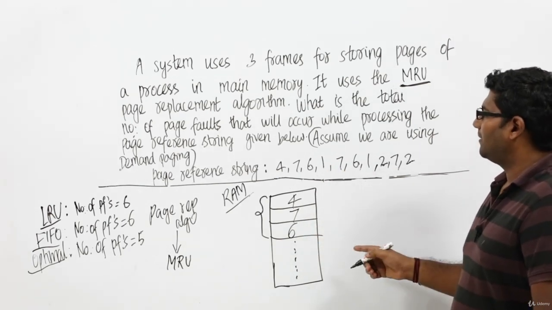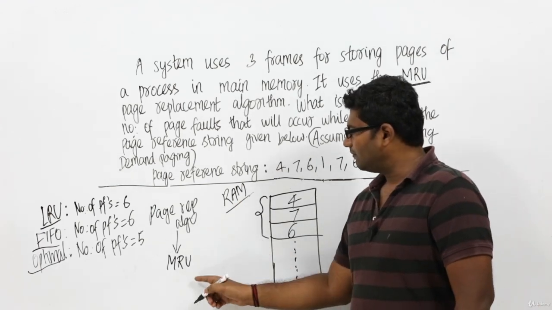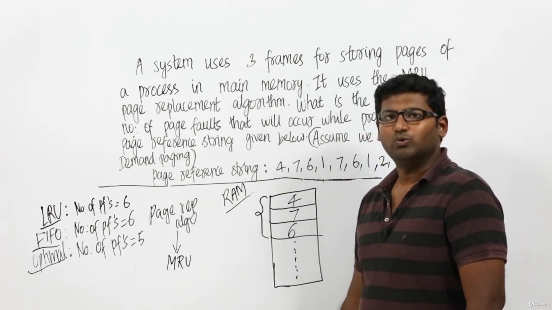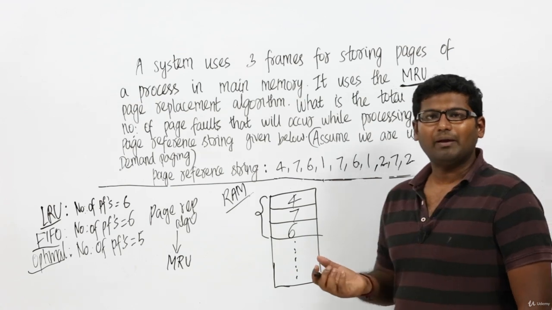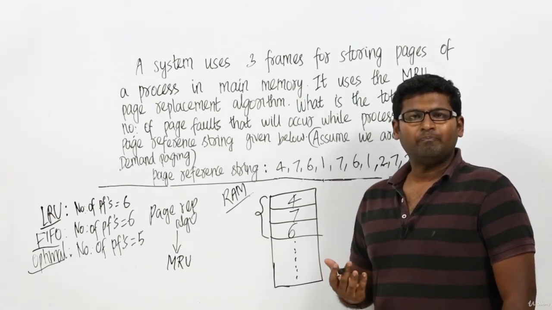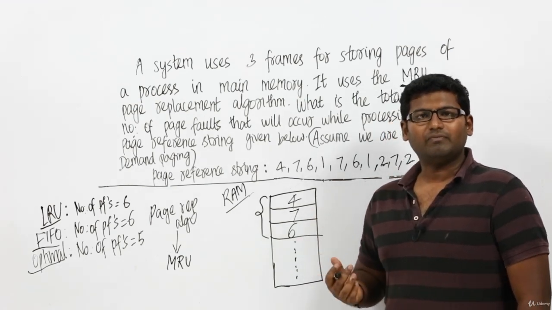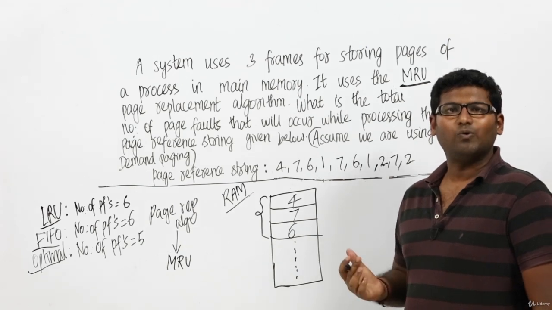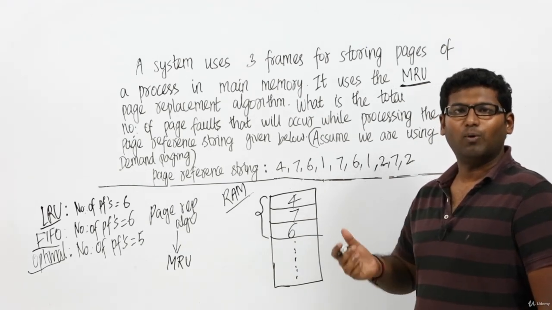That is decided by the page replacement algorithm, which is nothing but most recently used. What we mean by most recently used is the page which has been accessed by the CPU most recently.